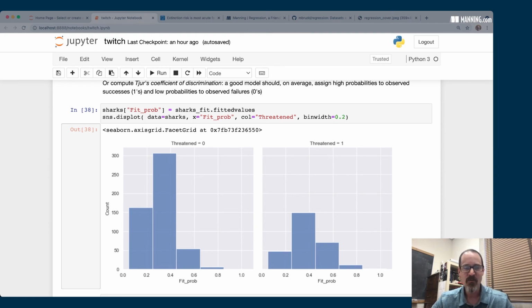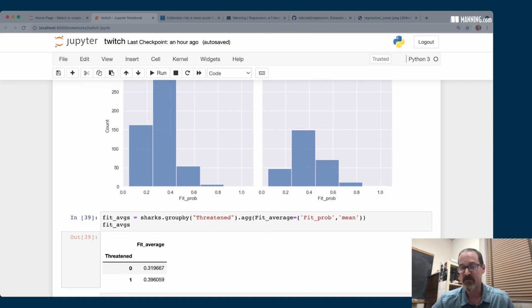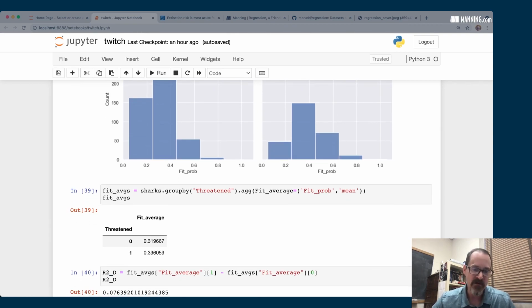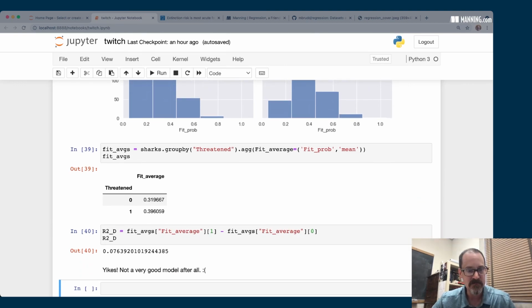What you would like to see is a peak toward the left for threatened equals 0, and a peak to the right of 0.5 when threatened is 1, which you don't see here. The coefficient of discrimination is the difference in the averages for the 2 groups. You look at the average probability for each group and then take their difference. That is this down here, the 0.07. Again, it's not a percentage, but it's 0.08 if you round.